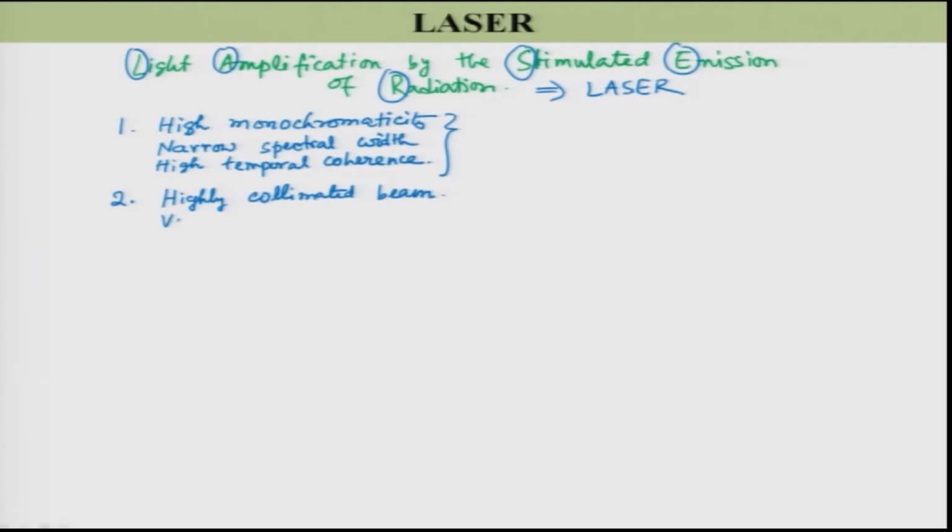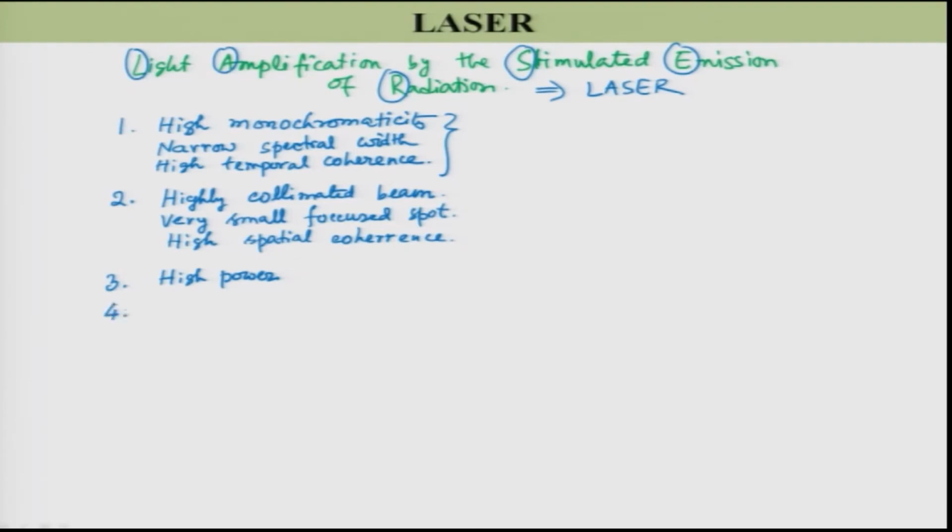I can write the same property as a very small focused spot it can produce. The same property can also be written as high spatial coherence. The third property of the laser is it can produce high power. So, the power of these lasers is much more than the conventional light source.